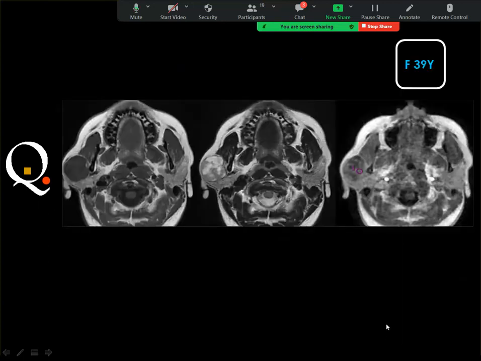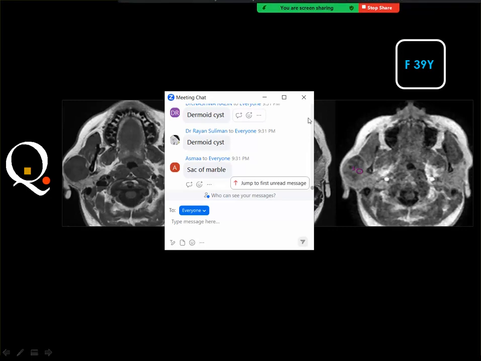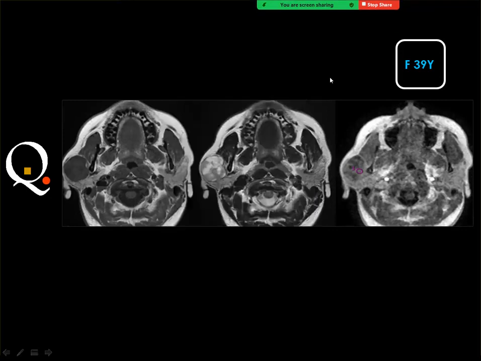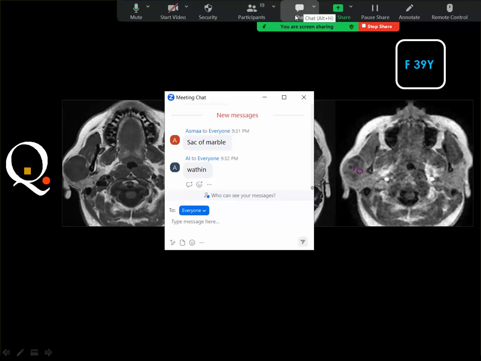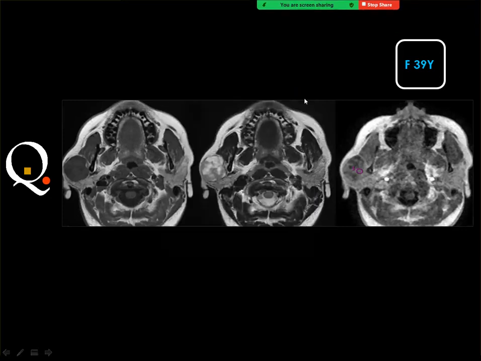This is MRI of the salivary glands showing a lesion in the superficial lobe of the left parotid gland. Yes, the sac of marbles, right answer. Then this is Warthin. The age is not fitting. The appearance is not fitting as well.